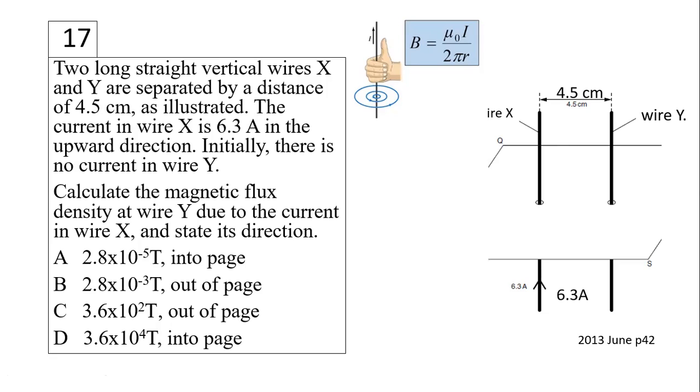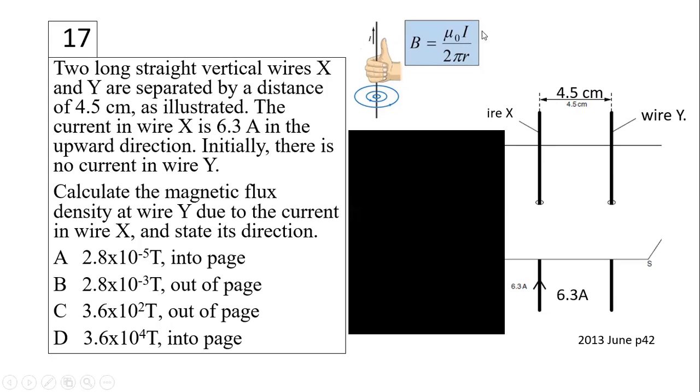Initially, there is no current in Y. Calculate the magnetic flux density at wire Y due to current in X and state the direction. Using your right hand grip rule, the thumb represents the current, the curved fingers represent the direction of the field. So in this part, as it goes up, the circle goes inside. So the field is going into the page.